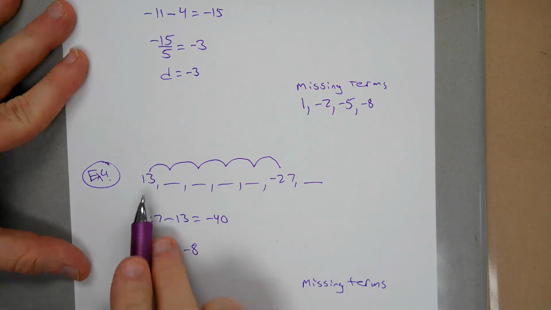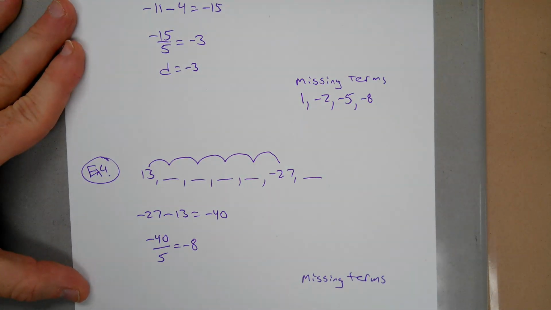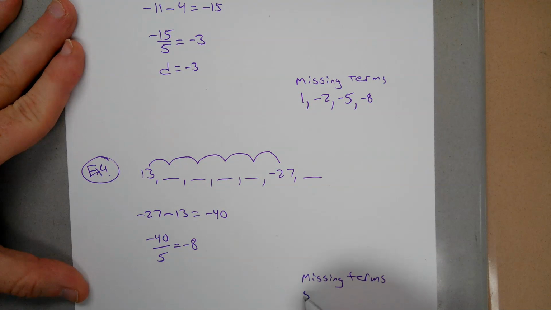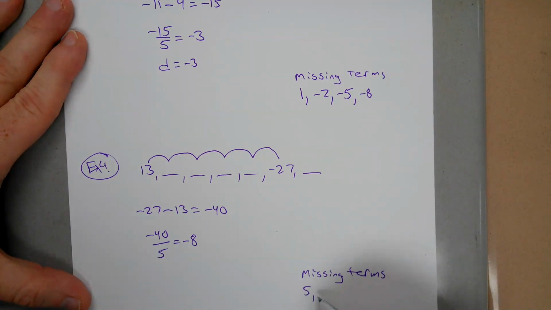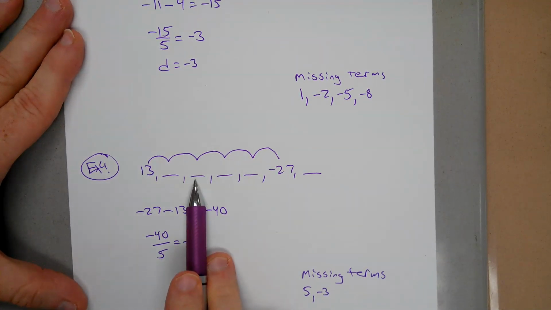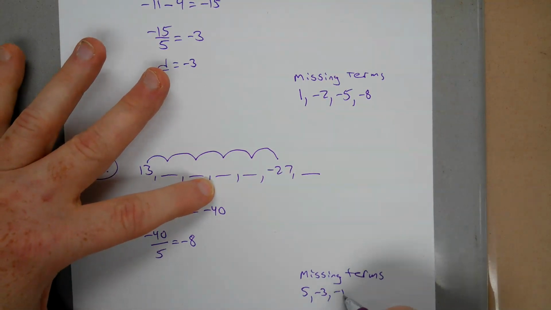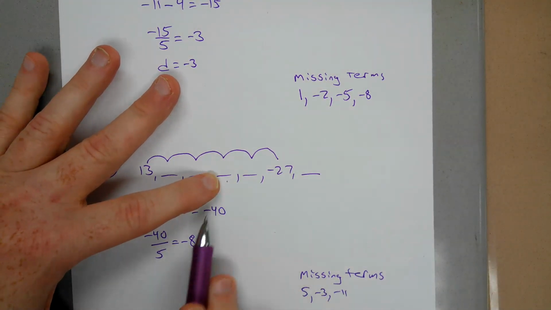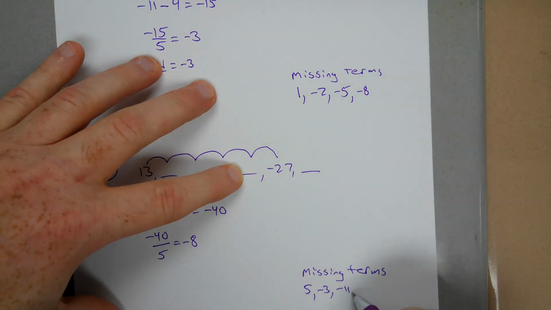Okay, so let's start applying that. 13 plus negative 8 is 5. 5 plus negative 8 is negative 3. Negative 3 plus negative 8 is negative 11. Negative 11 plus negative 8 is negative 19.